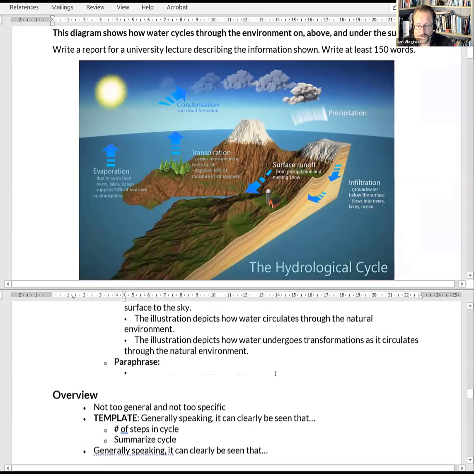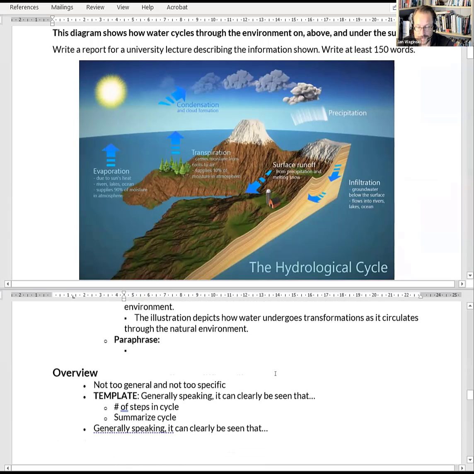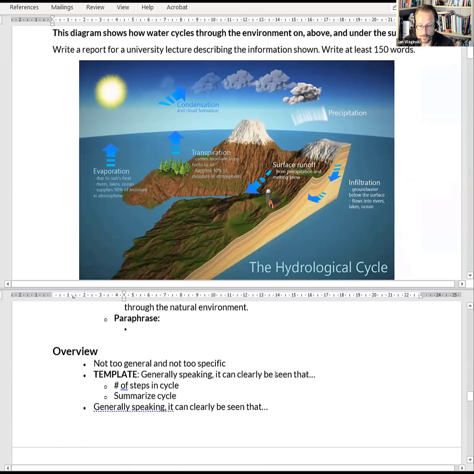Now let's go on to our overview. We don't want it to be too general. We don't want it to be too specific. You can talk about the number of steps in the cycle and summarize the cycle. Okay.